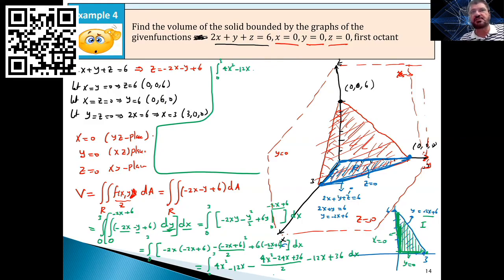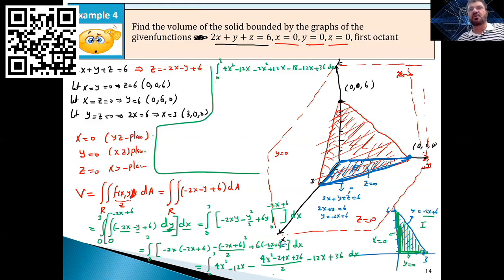So this is minus 2x squared. Now minus with minus 24 is plus 24 over 2, 12. So plus 12x. Then 36 with minus is minus 36 over 2 is minus 18. Minus 12x, the last one, plus 36 dx.